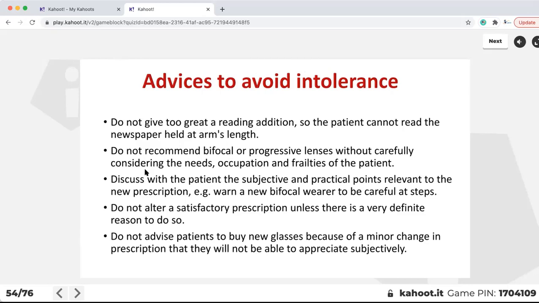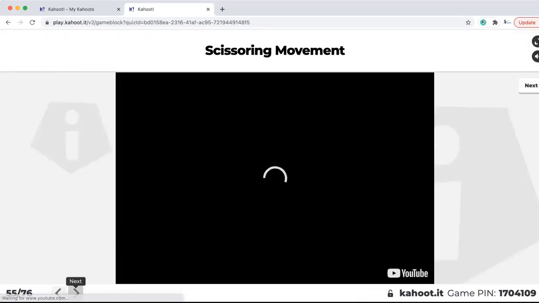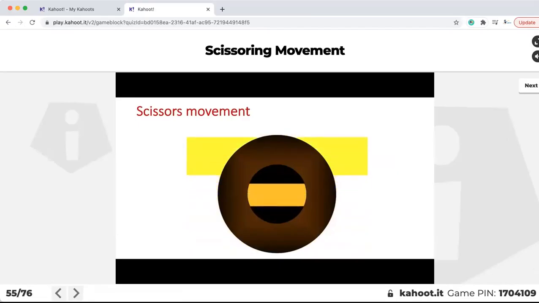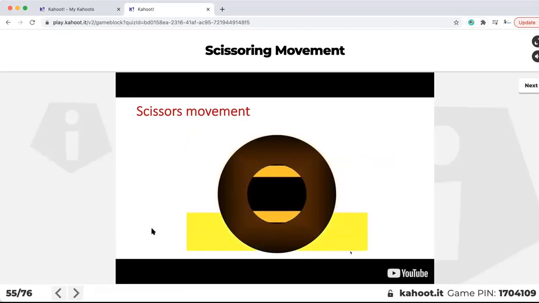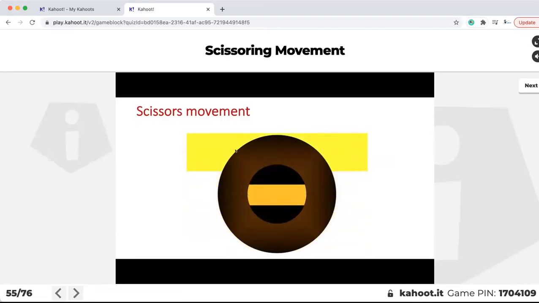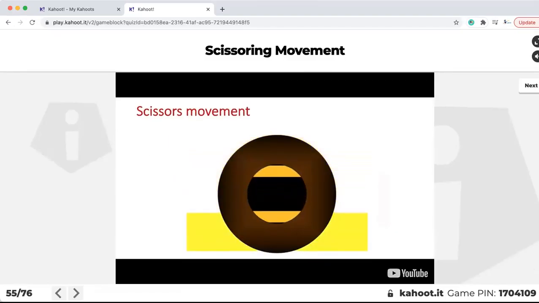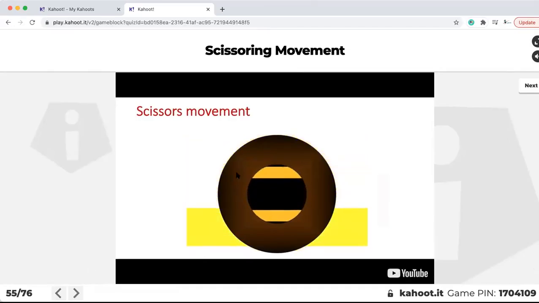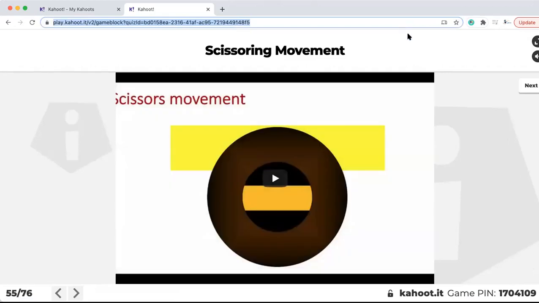Okay, so let's continue. Where does the scissoring movement happen? Can anyone tell me? Scissoring movement in the retinoscopy. Where does it happen?